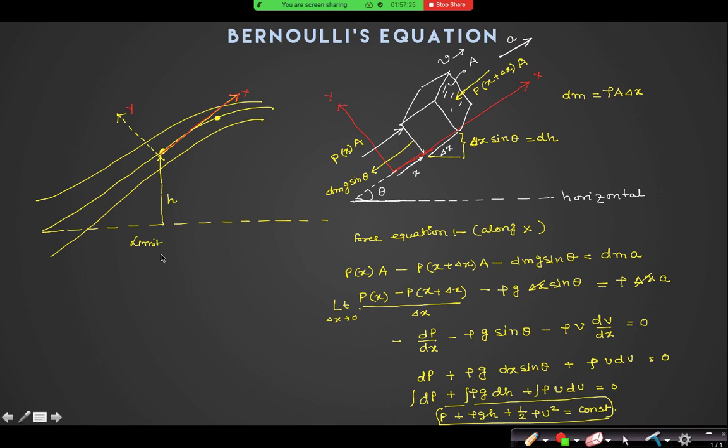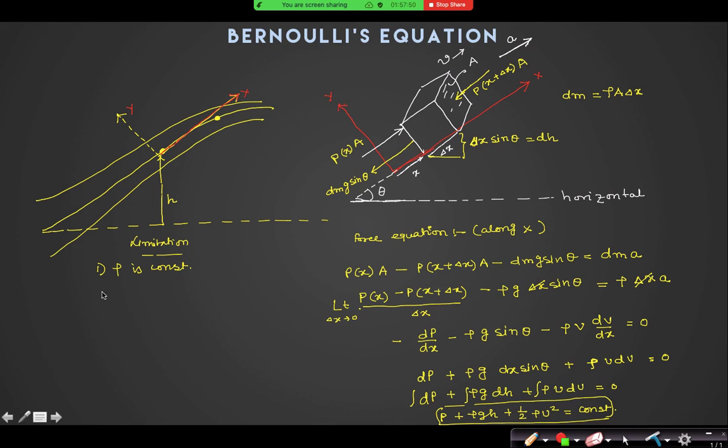First limitation, I can do this integration only when rho is outside the integration. Rho I have taken constant or not? Rho is constant. I can do it only when rho is constant. What forces have I taken? Only pressure and weight.